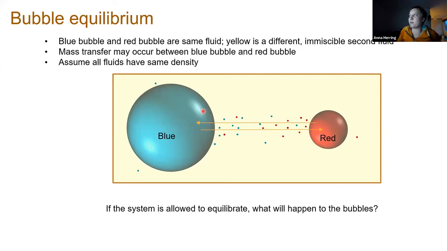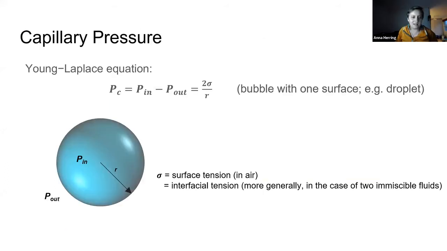Okay, so the most popular answer is the blue bubble: the molecules in the blue bubble will diffuse towards the red bubble until both are the same size. If we go back to the capillary pressure equation, which I just showed you, what we know is that the capillary pressure is inversely proportional to the bubble radius.